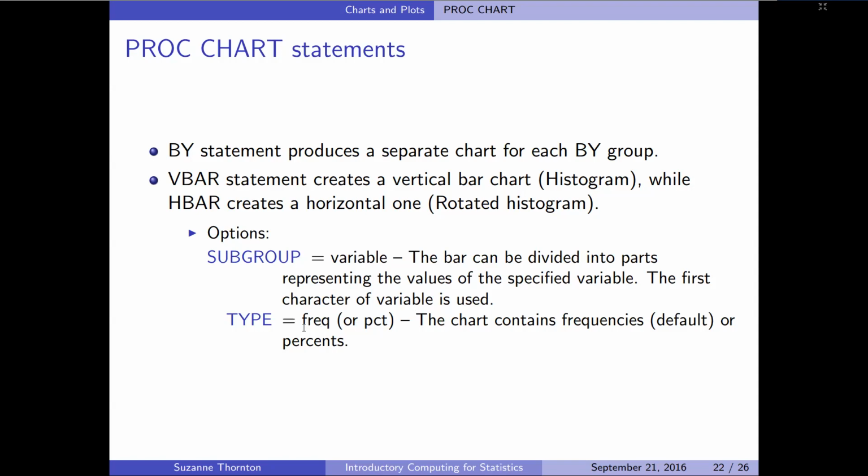The type option will be either frequency or percentage, where the chart will contain frequencies if we use frequency for the type option, and will contain the percentages if we use PCT for the type option. By default, SAS will use frequencies rather than percents.